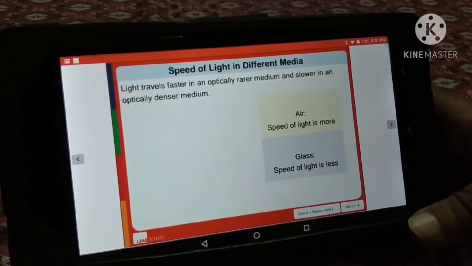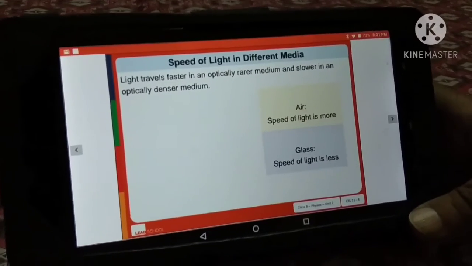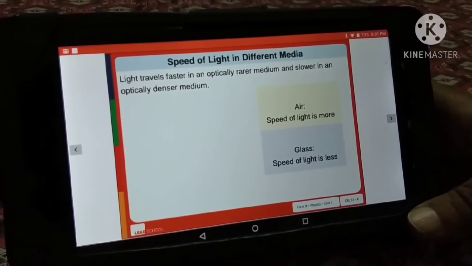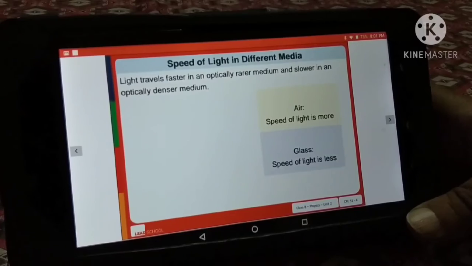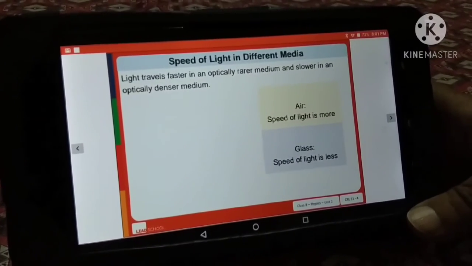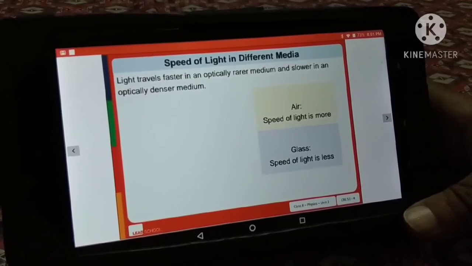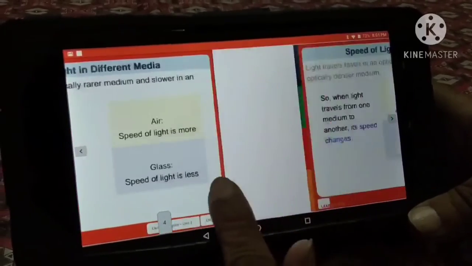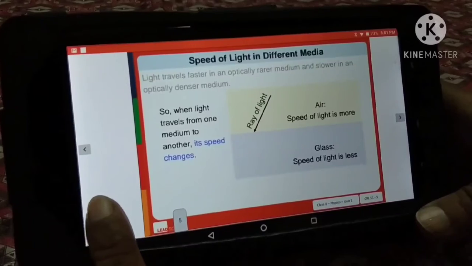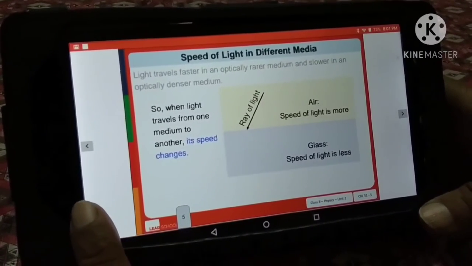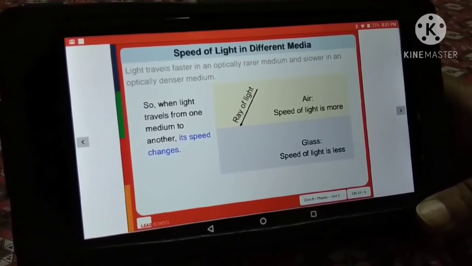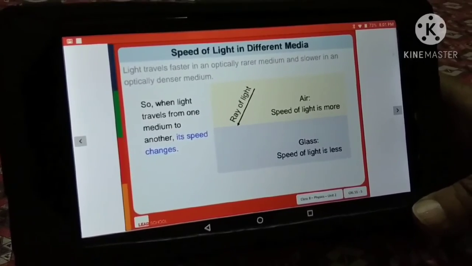Light travels faster in optically rarer medium and slower in optically denser medium. So in air, speed of light is more, and in glass, speed of light is less. So when light travels from one medium to another, its speed changes.